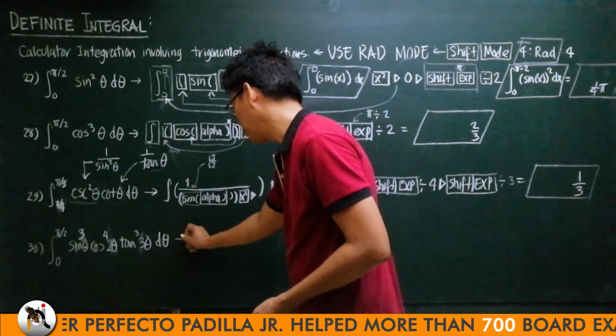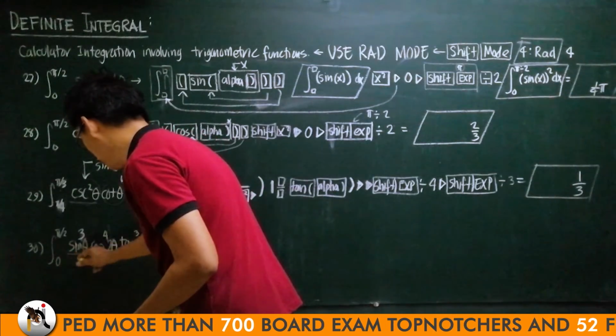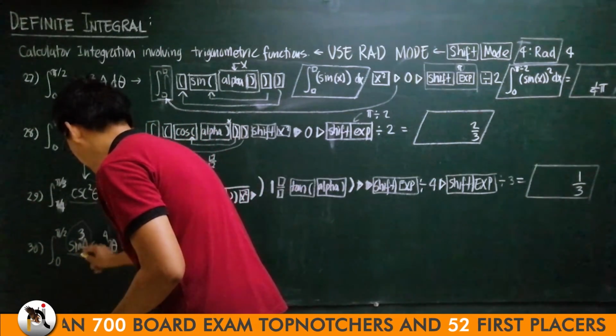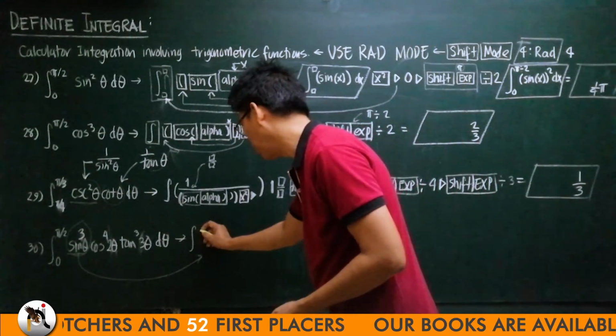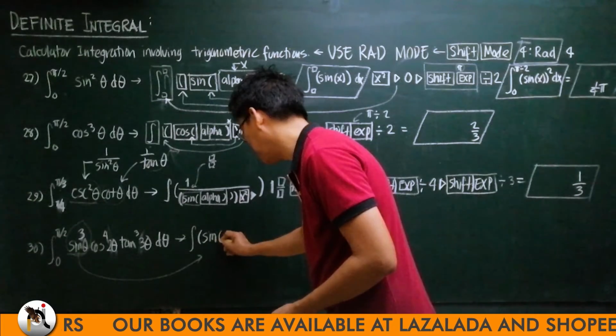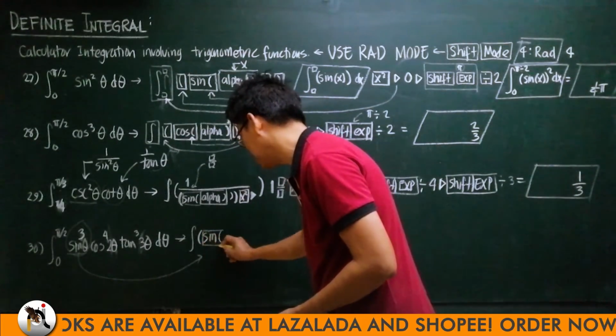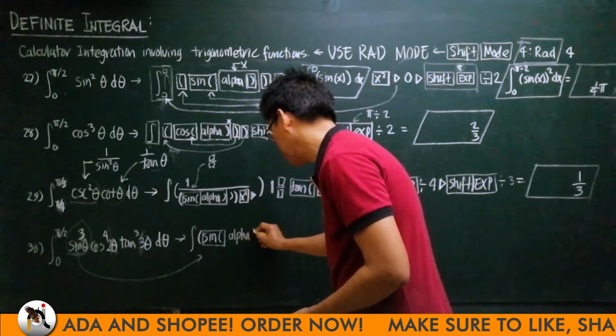So this one, press the integral symbol, sine cube theta. Input this. How do we input that? So that is open parenthesis sine. Sine key is with a free open parenthesis. Then alpha close parenthesis.